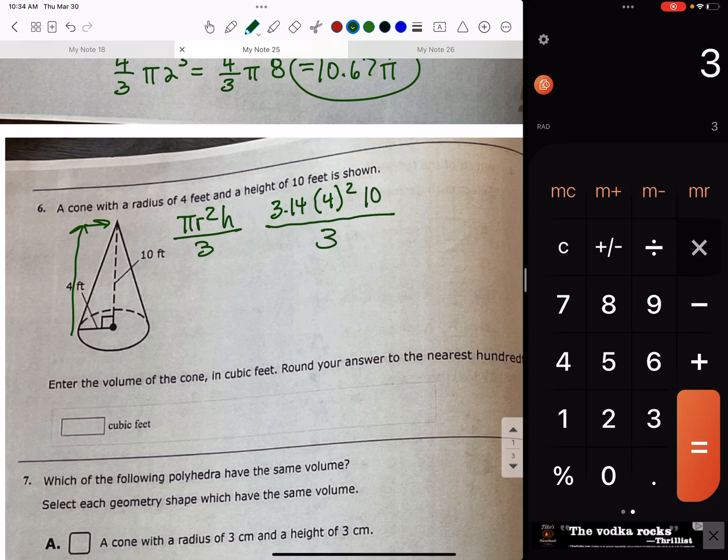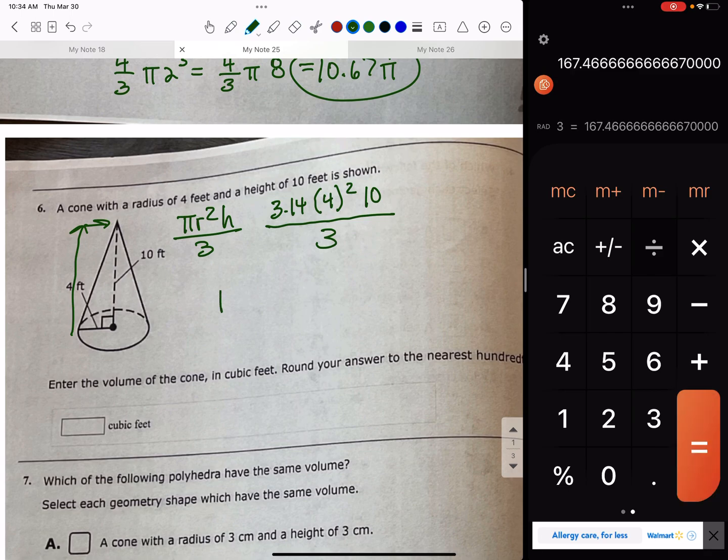Okay, let's do this. 3.14 times 4 squared is 16, so times 16 equals, times 10 equals, and now divided by 3 equals 167.466, but they want it to the nearest hundredth, so this one rounds that guy up, so 167.47 cubic feet.